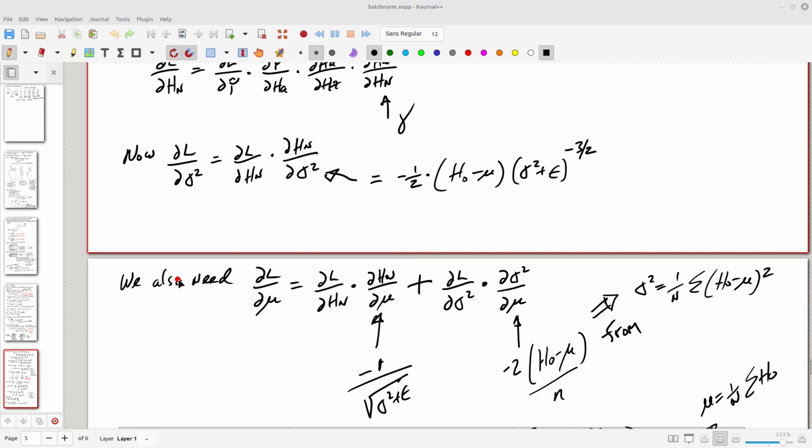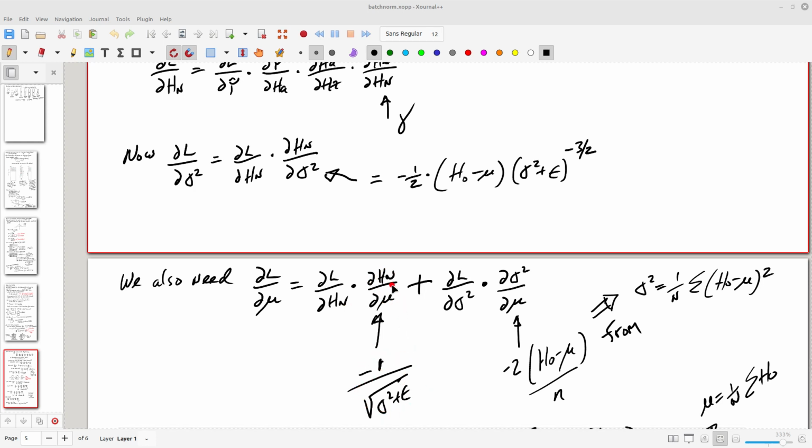Then we also need, so that gives us the loss with respect to the variance, but we also need the loss with respect to the mean, and that's going to be these two components here. The loss with respect to HN, and the HN with respect to mu, which is this here.